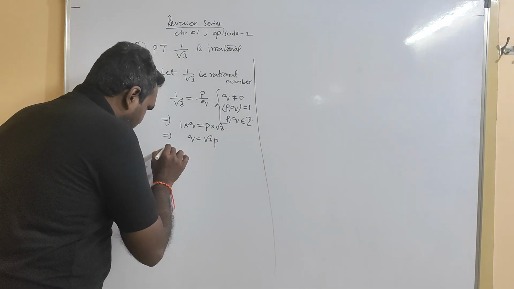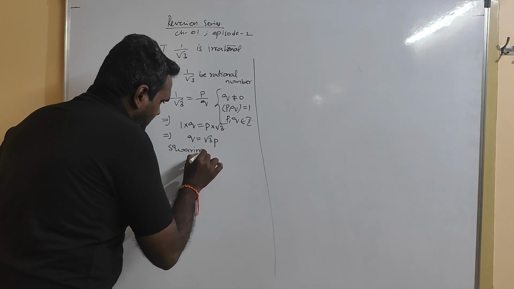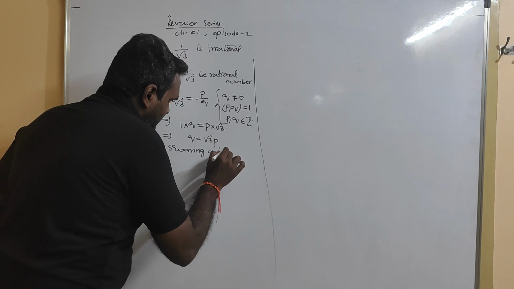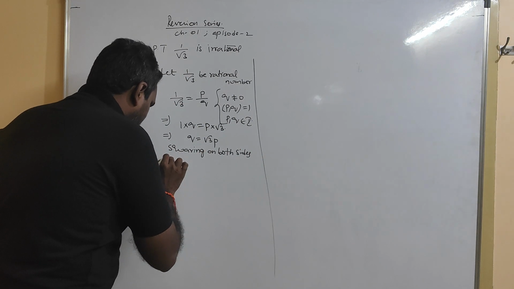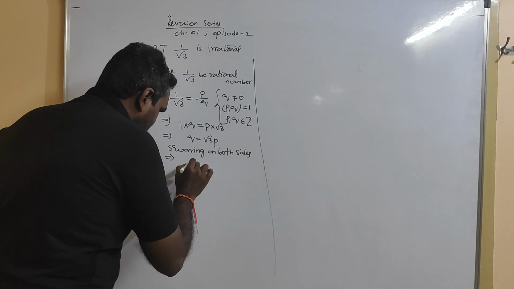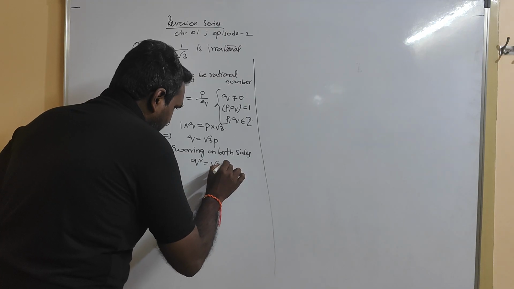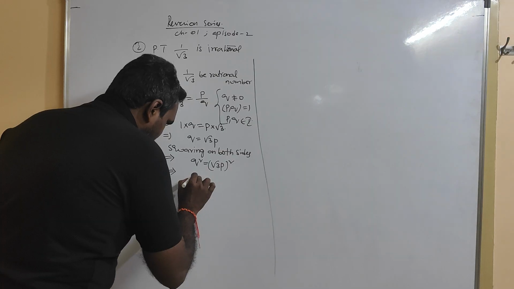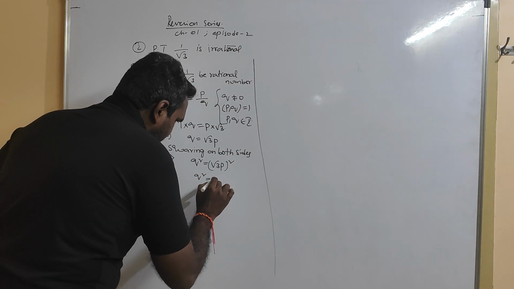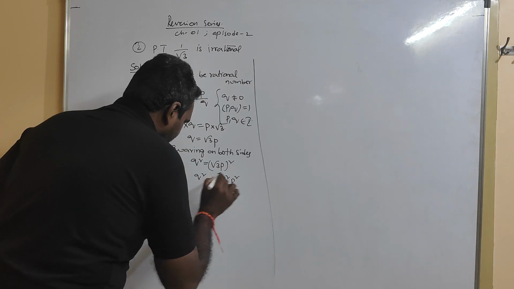Now do squaring on both sides. This implies q square is equal to root 3 p whole square. This implies q square is equal to root 3 square p square.